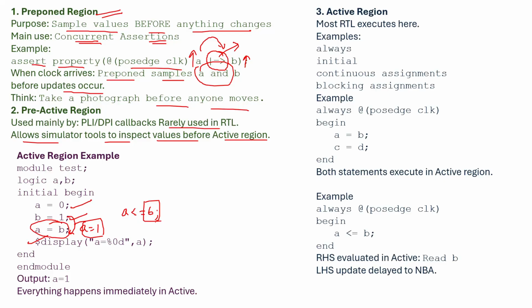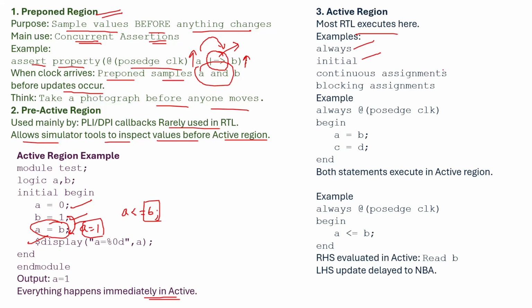Remember, everything happens immediately in the active region. Most of the RTL code is executed in this active region.